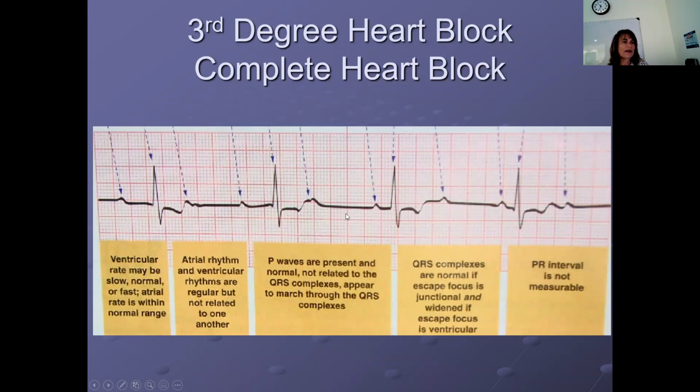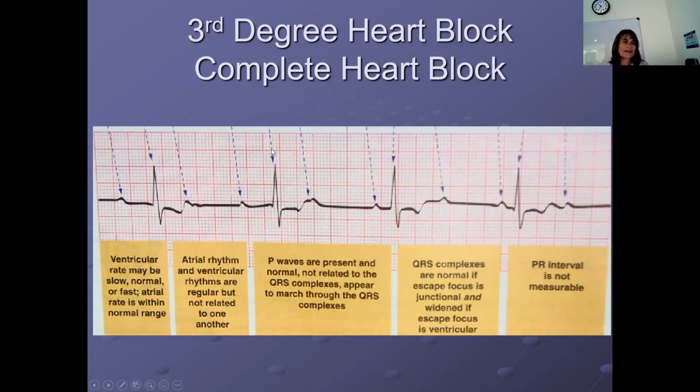So here we've got complete heart block. So there's a P wave, P wave, P wave. So if you take a piece of paper and you mark the paper for these two P waves and you move it across the strip, you'll notice that all the P waves are the same distance apart. So all the P waves will be equal distance from each other.